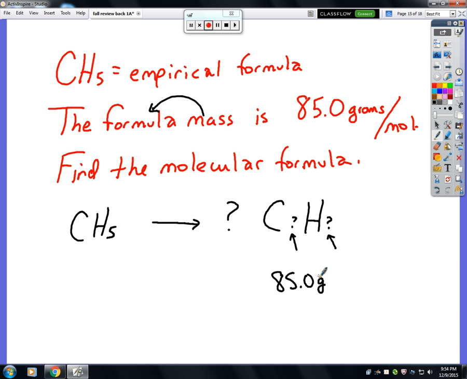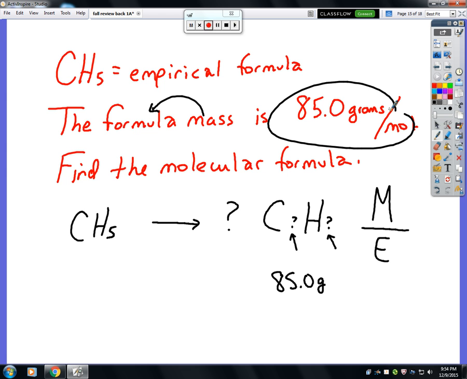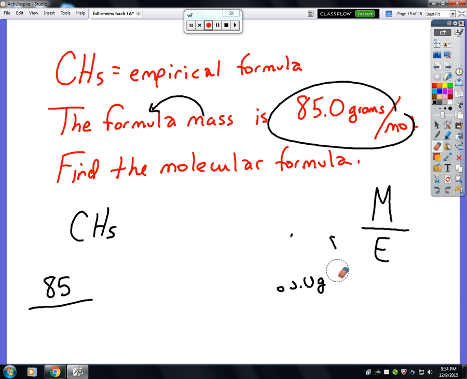So this is M. They always give you M. So they're going to say that the real mass is 85 grams per mole. You need to find the molecular mass. Well, how do you do that? How do you find the mass of CH5?